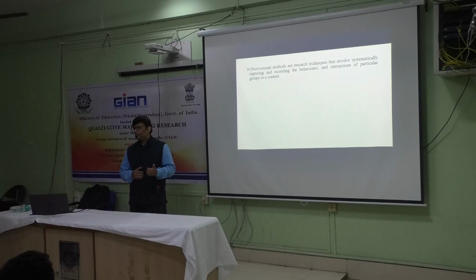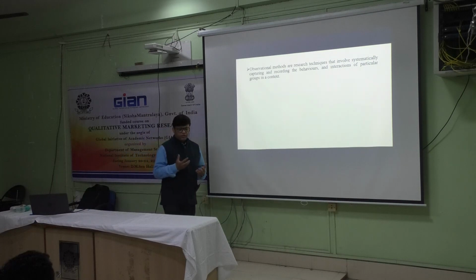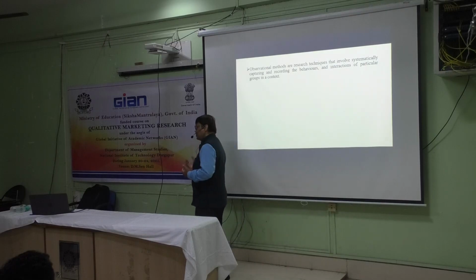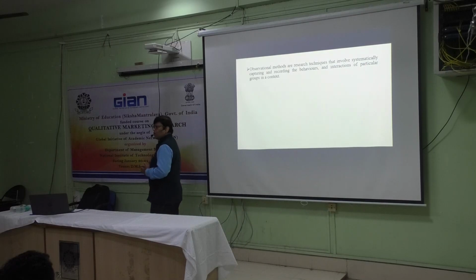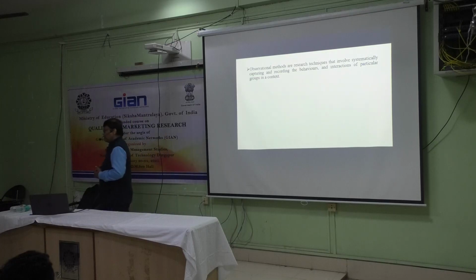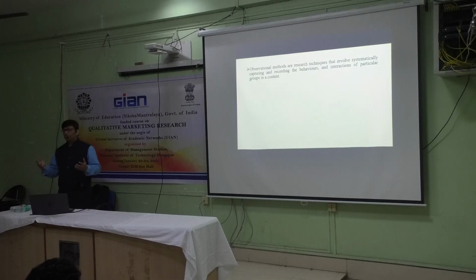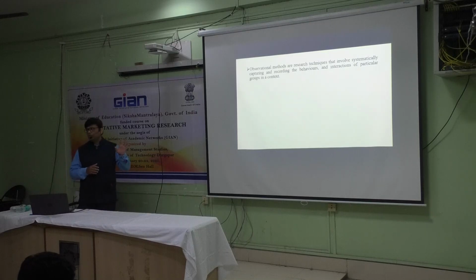We need a context because that context is related to the purpose of our research study. That context can be a cultural context, a situational context, or a social context. So that's what we understand when we talk about observational methods.